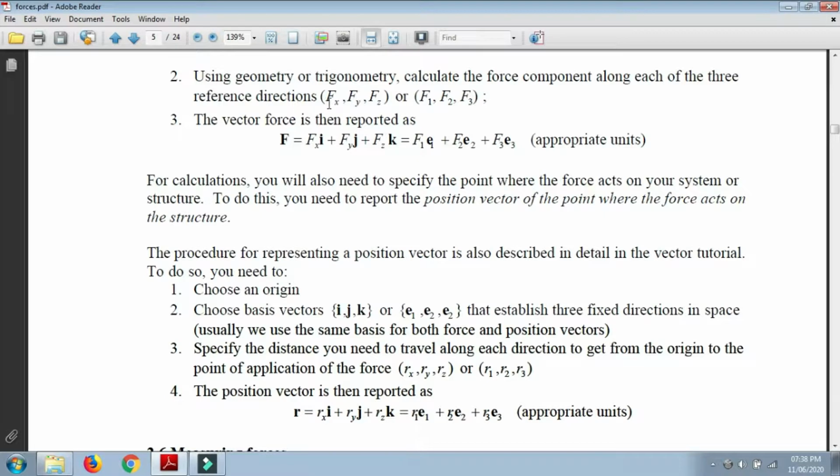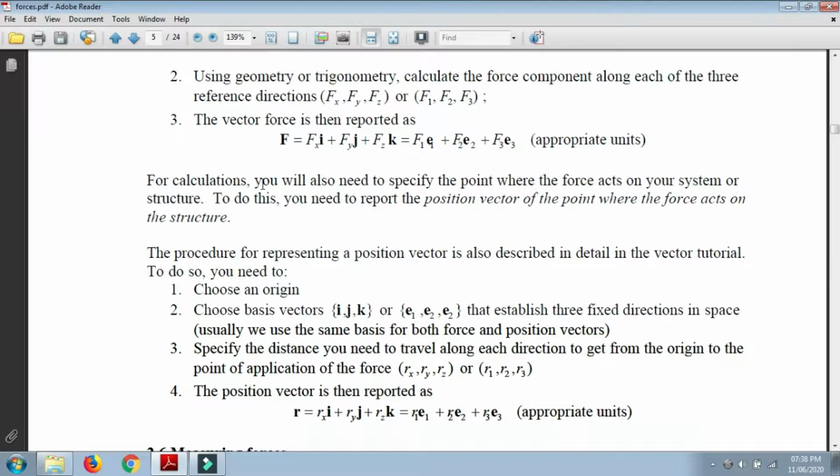That is Fx, Fy, Fz, if your axes are x, y and z, or if your axes were E1, E2, E3, your force components will be F1 acting along E1, F2 acting along E2 and F3 acting along E3. The vector force is then reported as F equals Fx i plus Fy j plus Fz k, or F equals F1 E1 plus F2 E2 plus F3 E3, in terms of appropriate units.